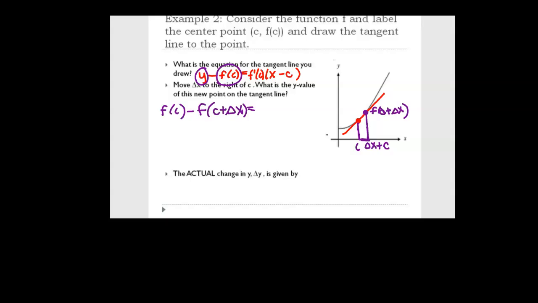My slope is going to stay at f prime of c because I don't know the slope of the line. My x is going to become the x values, c minus x.